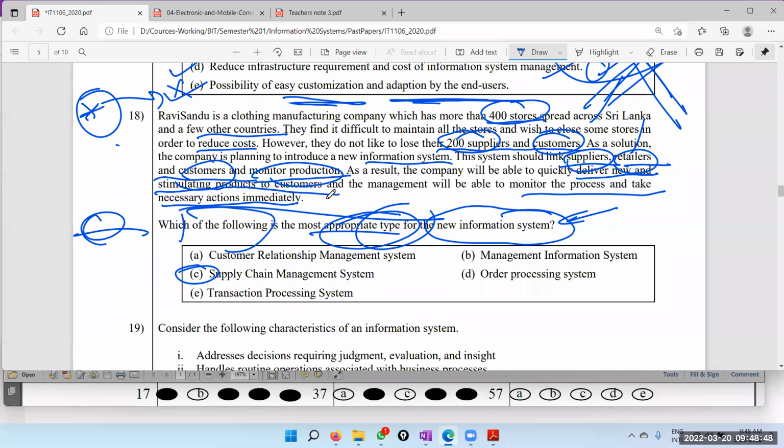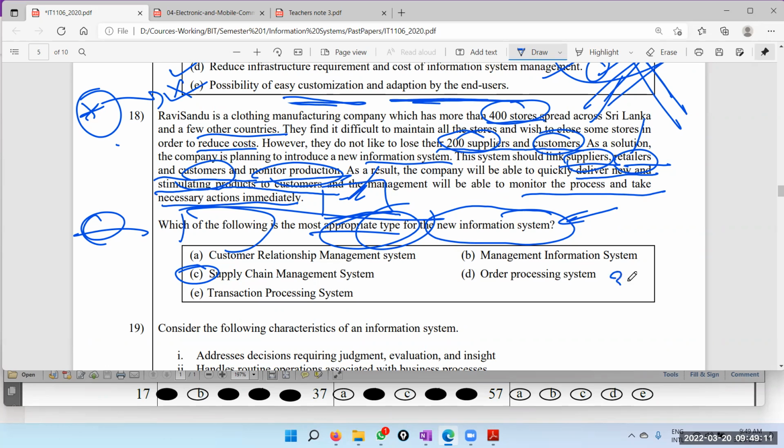Customer relationship management is just managing the good relationship with the customer. That is the selling side. The management information system is in general a decision-making system, decision support system, routine, structured decision support. It's not just order processing, okay? It looks like it's more than order processing, but it's more an order processing system.